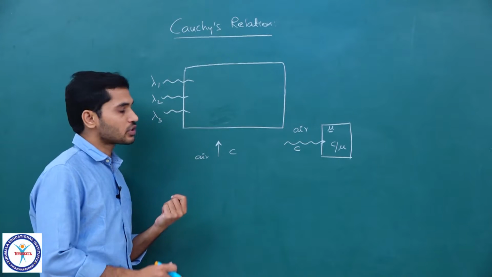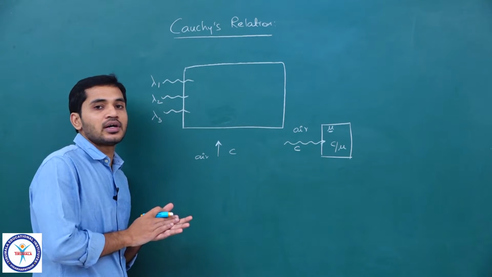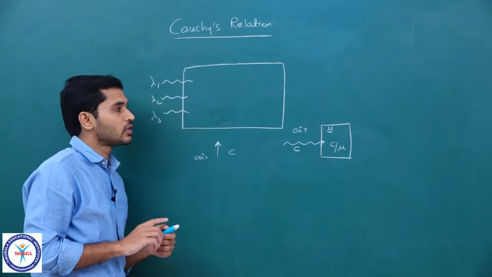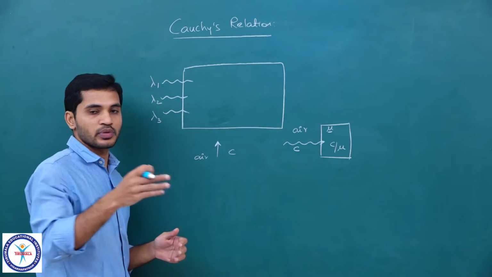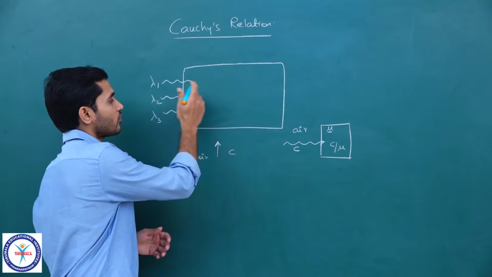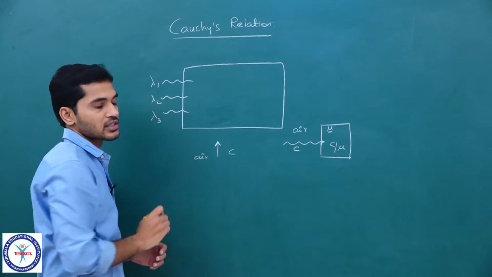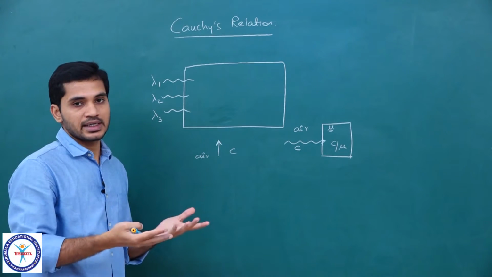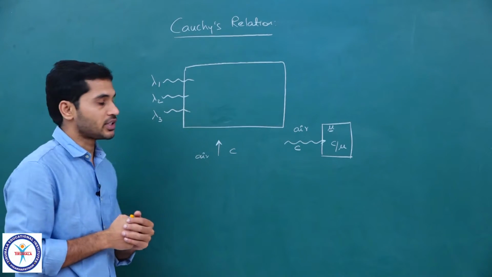So refractive index is not a fixed value for any kind of light. The same medium could offer a different value of refractive index for a different wavelength of light. That relation is what we call Cauchy's relation.